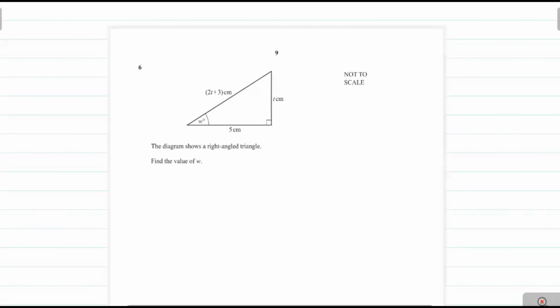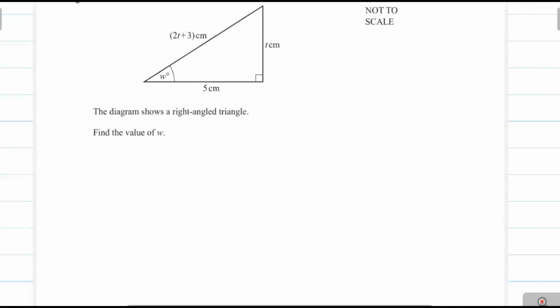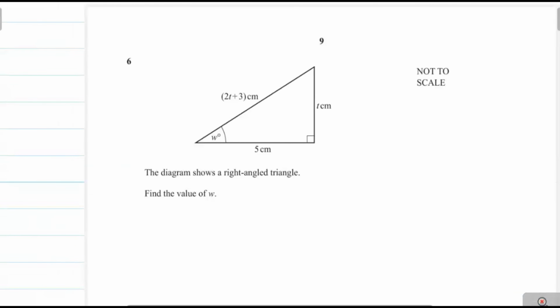In question number 6, the diagram shows a right angle triangle. Find the value of w. Now you see here in this right angle triangle, this side is base and this side is perpendicular to the base, perpendicular, and this side opposite to the right angle is hypotenuse.